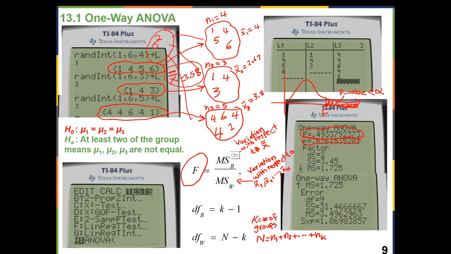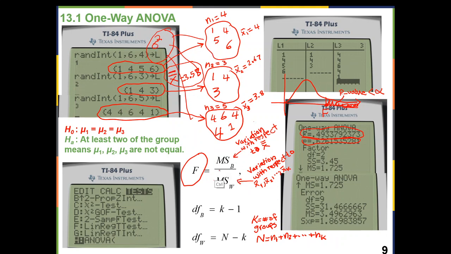So if they don't come from the same population, then the numerator ends up being a bigger variation than the denominator. We're going to look at the formulas for these, but the denominator is basically an estimate of the original variance. Remember, if you put all of these together and find the variance of these 12 numbers, that's an estimate for sigma squared.